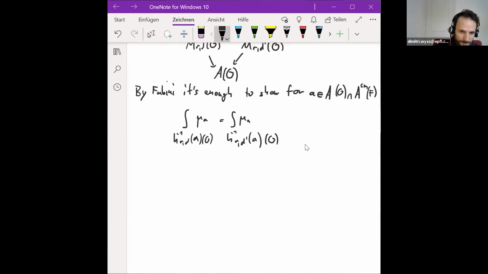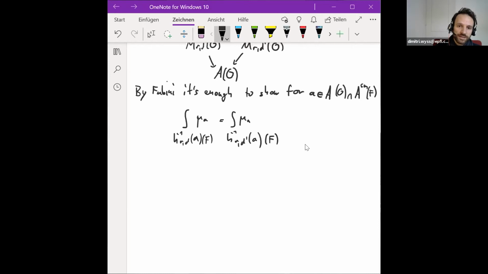First, one thing we notice is that, as I said, the Hitchin map is proper, and so the O points I can replace by the F points, which helps me in the sense that now over F, this a was in the smooth locus.